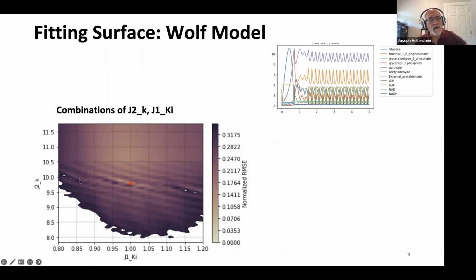Obviously, the more narrow I get, the fewer parameters. So if I'm really smart somehow, and I say I'm going to consider J2_k between 9.5 and 10, and this one over here between 0.95 and 1.05, I'm right in this area here. And maybe it doesn't matter so much where I start, because if I don't use gradient descent, if I use a lot of starting points, I'll eventually get to that red dot.